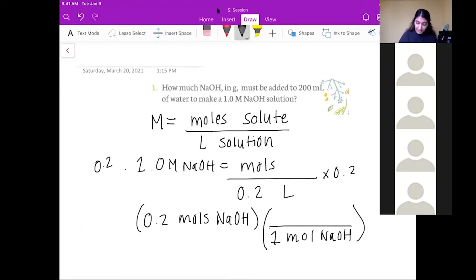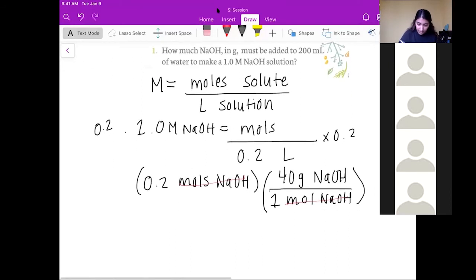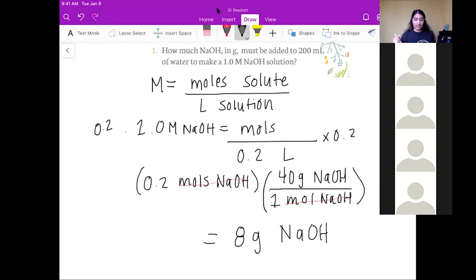The molecular weight, which, thank you, is 40 grams NaOH. And in dimensional analysis, we canceled out the moles because now we're in grams. So was anyone able to calculate the final answer? 8. Correct, yeah. Our final answer is 8 grams NaOH.